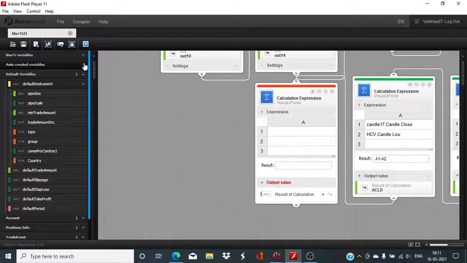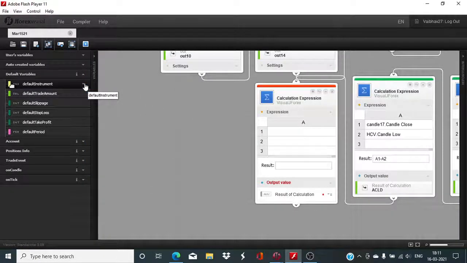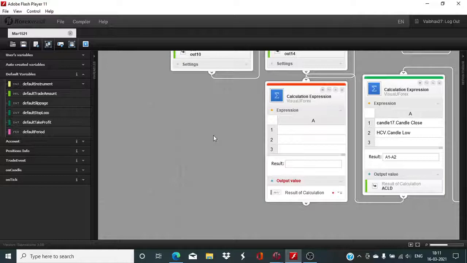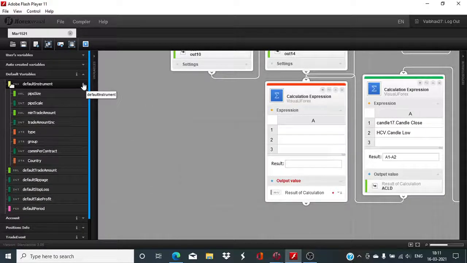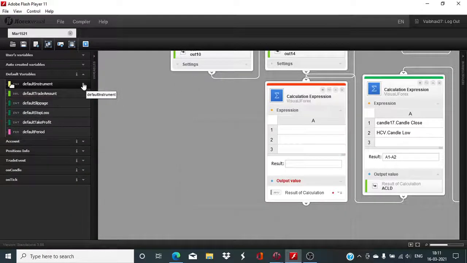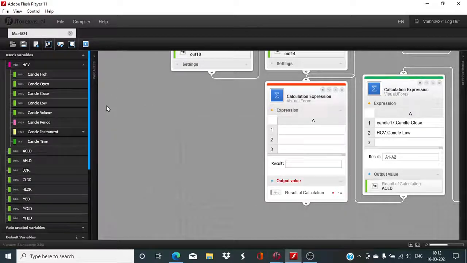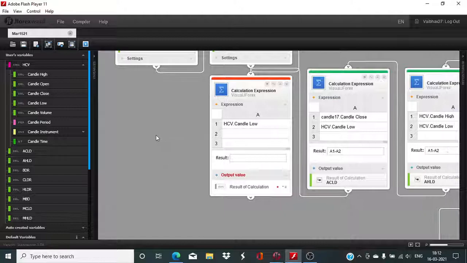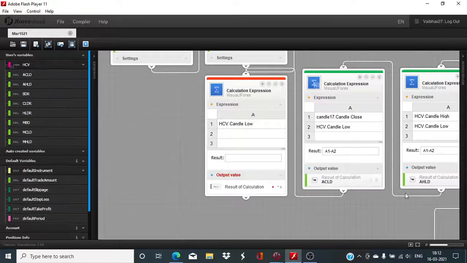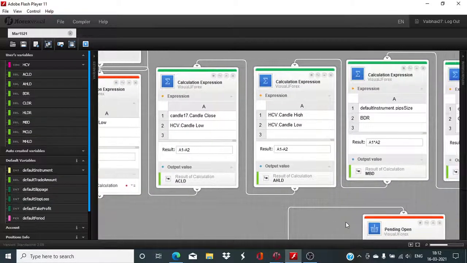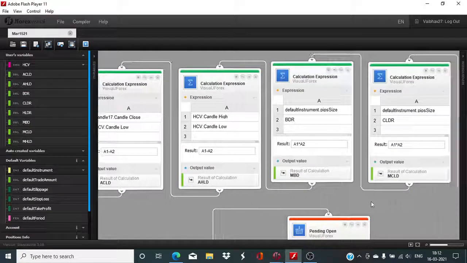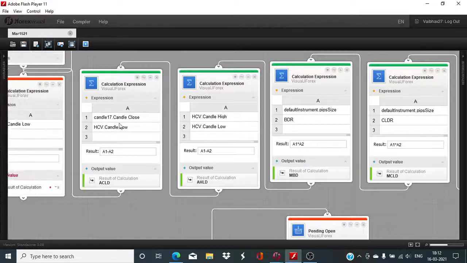Alright, and for that we need the lowest point of the cluster and add to it the 7 pips, or another way will be to deduct from the last tick price.